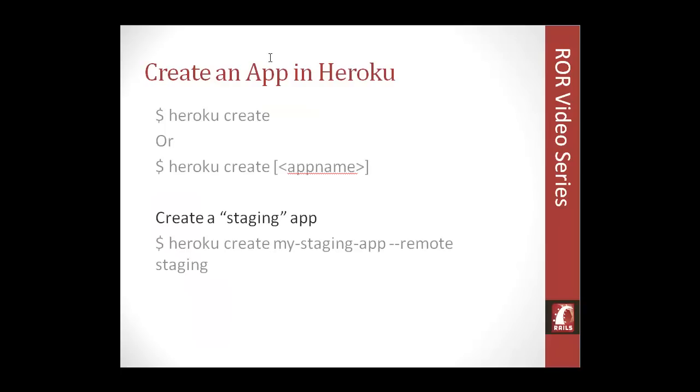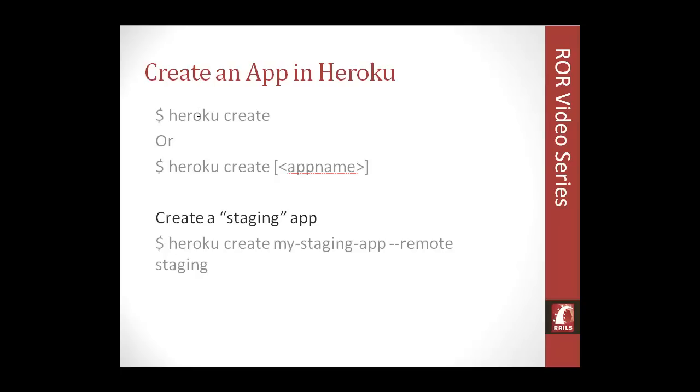To create an app in Heroku, which we already did, you shouldn't have to do this in this video or in this app. You type heroku create, and it'll assign us a funny name, like that nameless something we had, and obviously you had something different because they're unique.